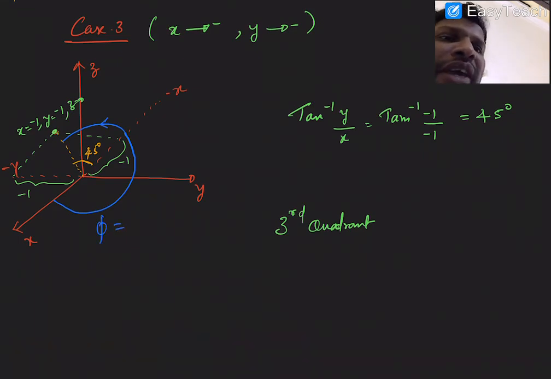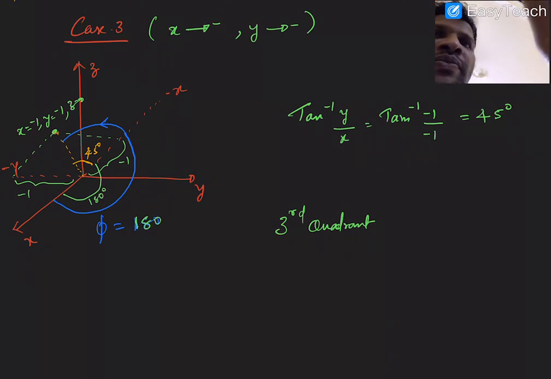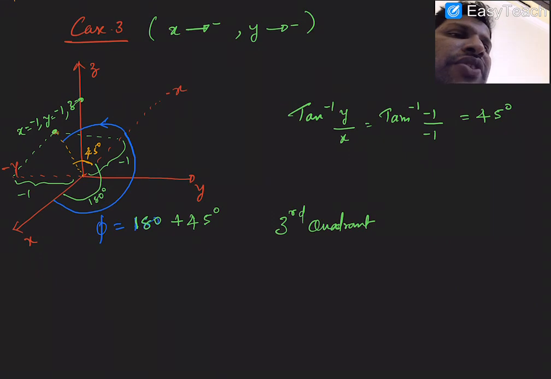Phi is equal to, you have already 180 degrees along this direction. Let's say this total angle is 180 degrees. So you have this 180 degrees, then you have to add this 45 degrees. So the total angle will be 180 plus 45.